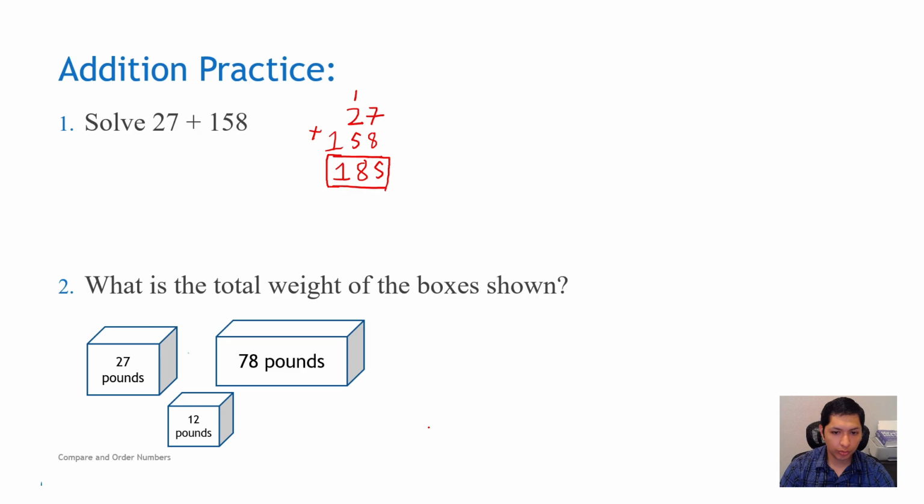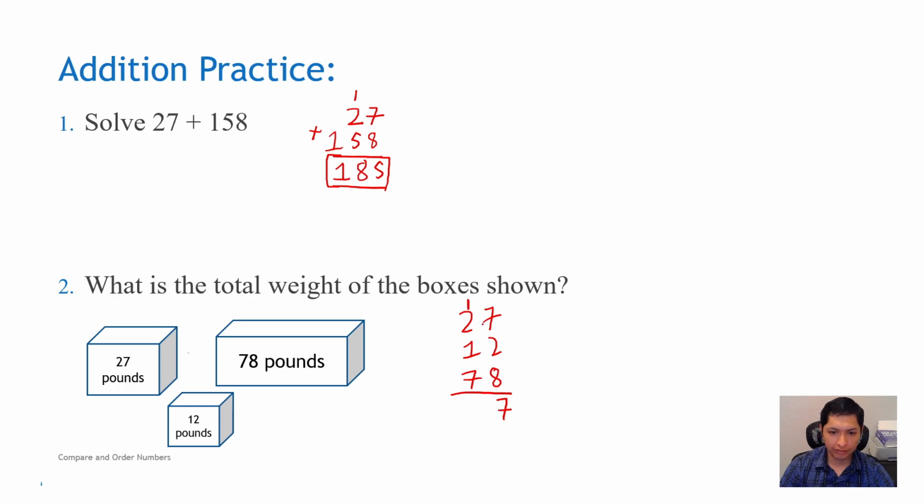So to add the total weight of the boxes shown, I am going to take each number of pounds from each box and add them together. So I'm going to take 27 pounds, and then 12 pounds, and then 78 pounds. And so you would add the values in the ones place. So you would add 7 plus 2, that's 9, plus 8 is 17.